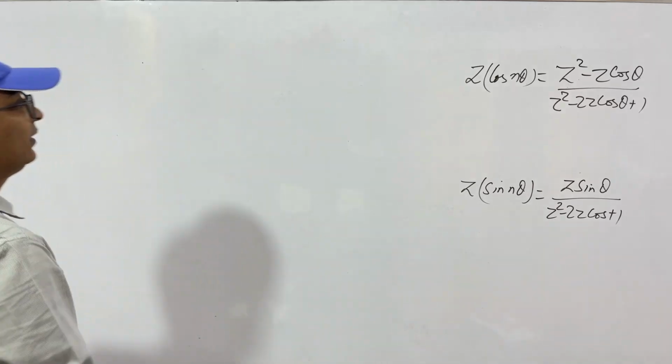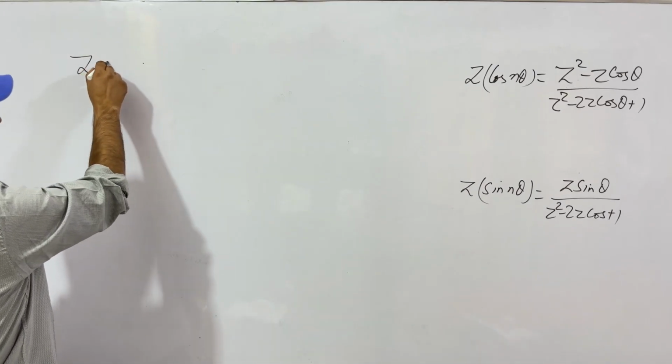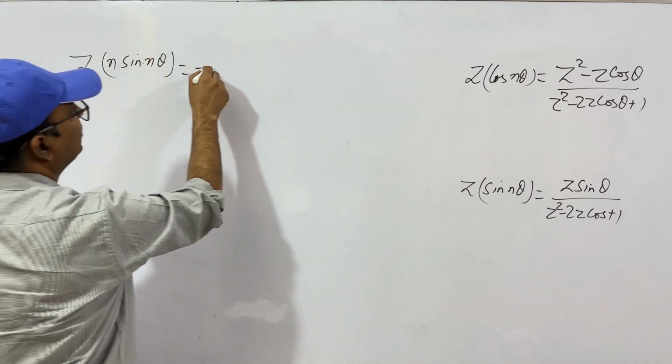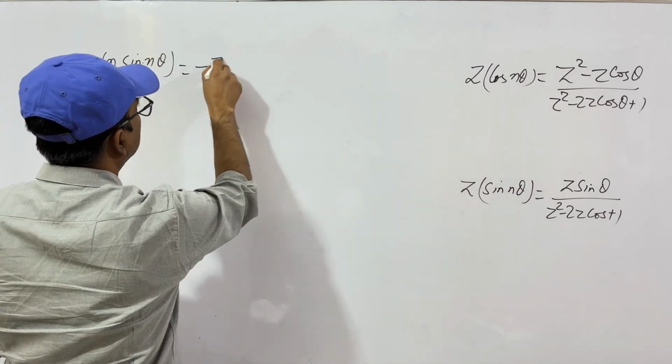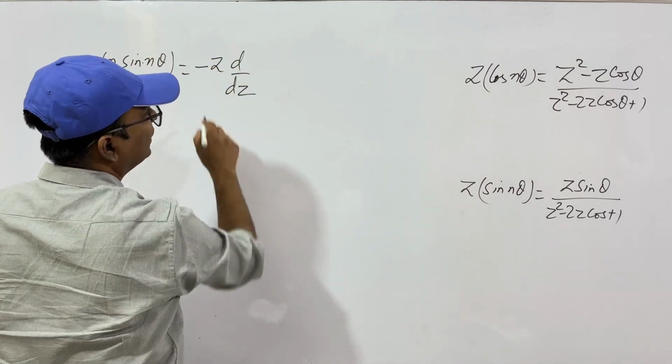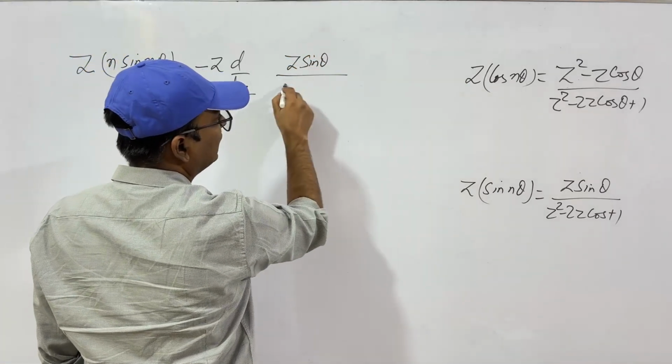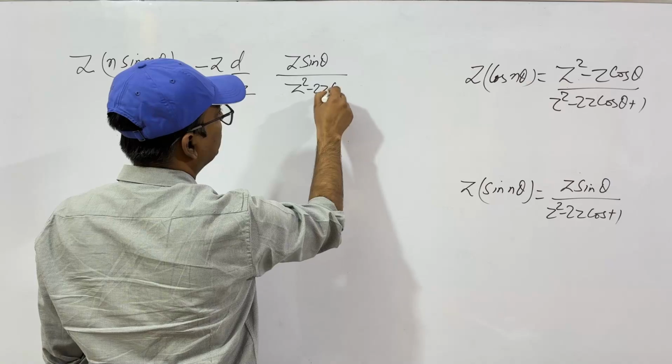So what if we have to find z of n sin n theta? You know this will be minus z d by dz of uz, where uz is z sin theta by z square minus 2z cos theta plus 1.